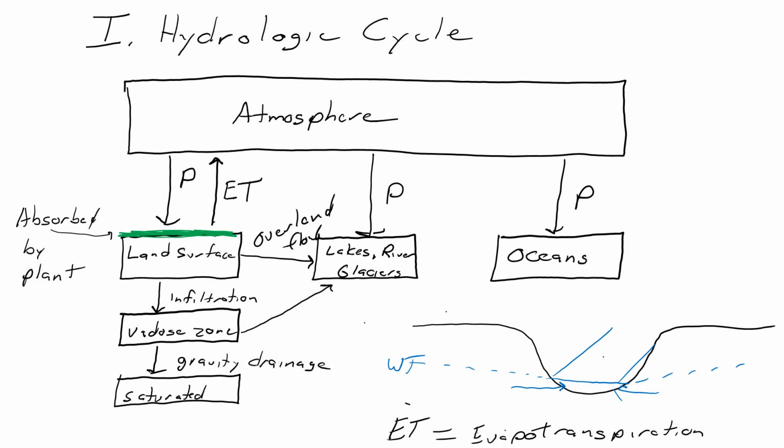So where's the water coming from? Well, as it turns out, it's coming from the saturated zone. This is a process called base flow. So here we can also get water from the saturated zone moving into streams, lakes, and rivers through a process called base flow.